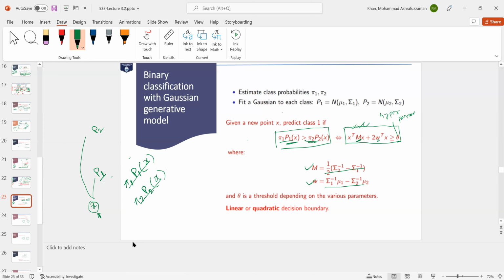Now here M equals half of the difference between the two covariance matrices for feature 2 and for feature 1. And the W value is basically the difference between two vectors. So it is basically simple, but M, the difference between two matrices, it's mandatory to understand this to understand the decision boundary.